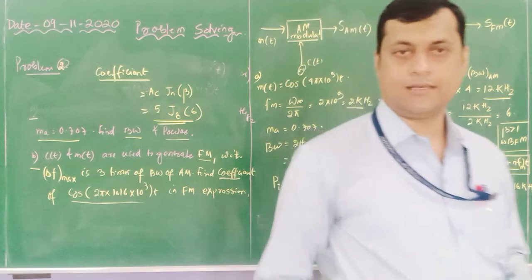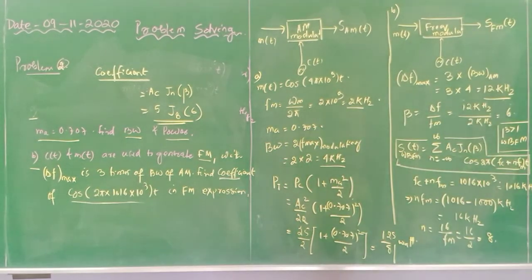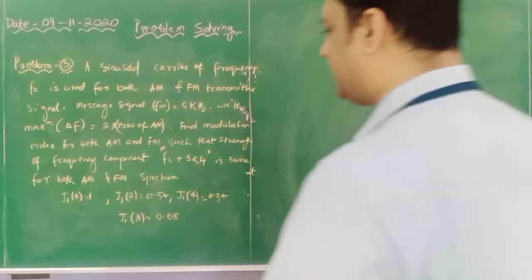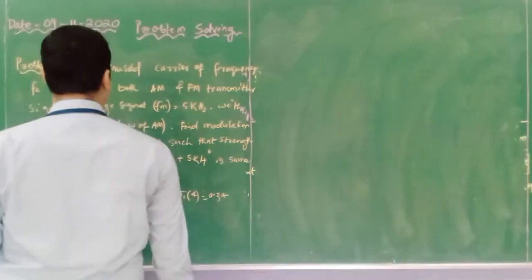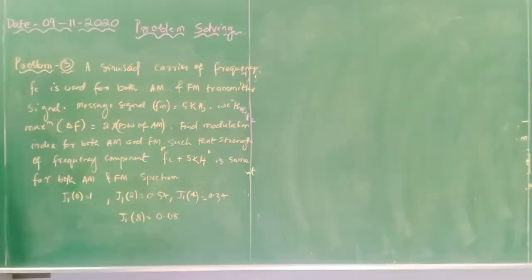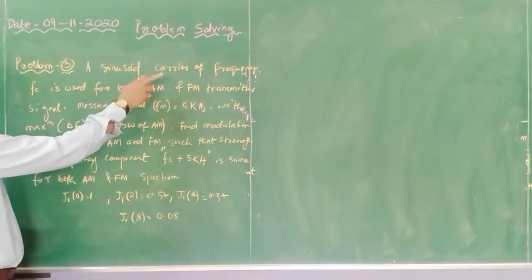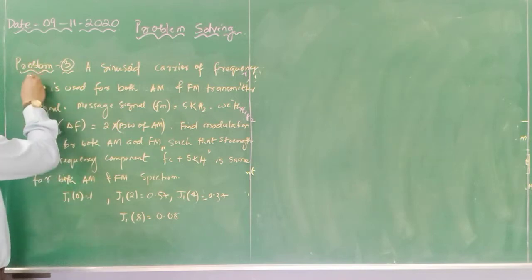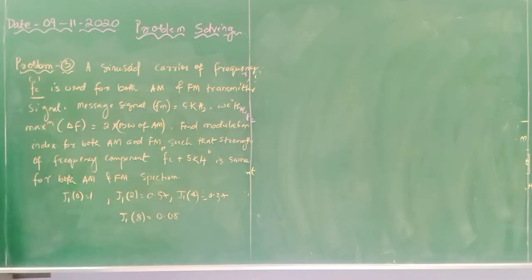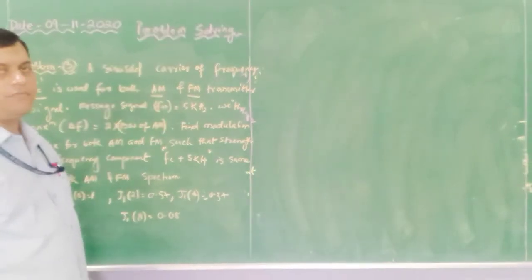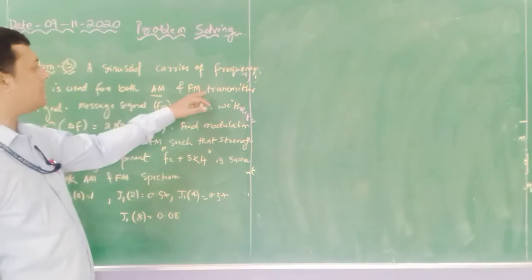Next question. So this is the third question. We'll see what it is. As the question is given, a sinusoidal carrier of frequency Fc, the carrier frequency, is used for both AM and FM transmitters, so the carrier component is used for both AM and FM generation.